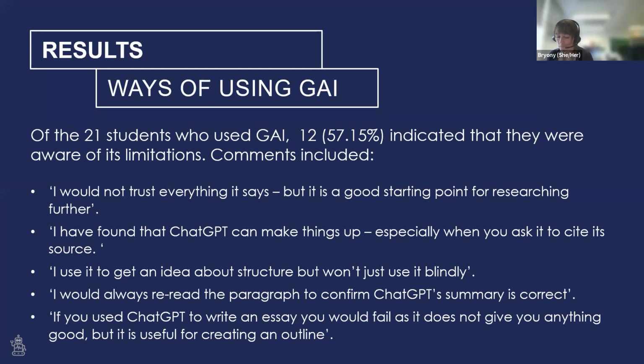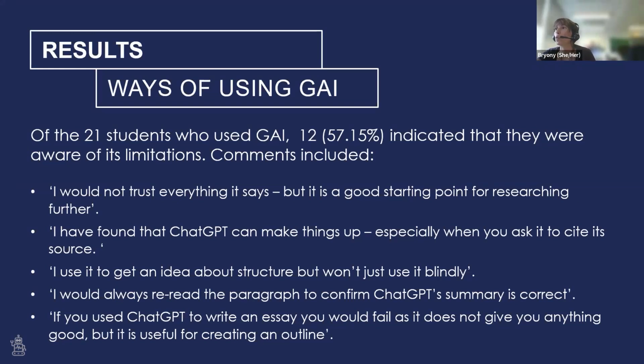So of the 21 students who chose to use GAI, we did find that over half of them indicated they had some awareness of the limitations. Now, we didn't ask a specific question about the limitations, so it is possible that more of the students were aware of them. But on the other hand, the fact that we didn't ask them is quite promising, that they volunteered the information, that they knew that there were caveats.